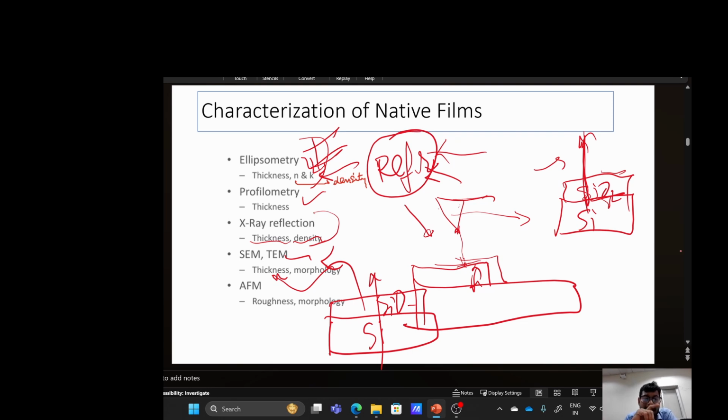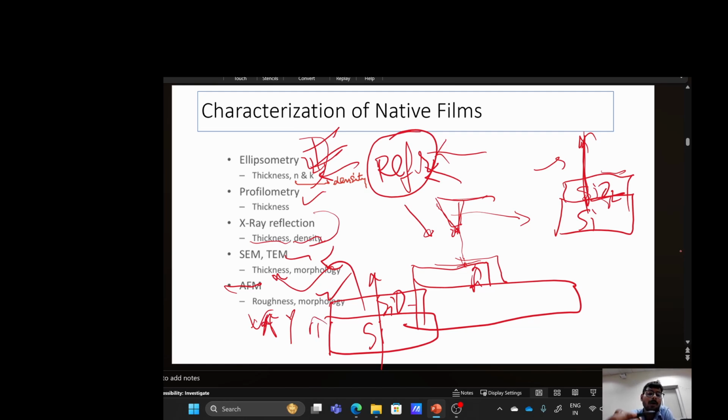In AFM also you can do two things. You can see roughness, and also surface topography and morphology, because this is a kind of mechanical process. It also uses a tip. This can be in contact mode or non-contact mode, and with the potential, it measures a kind of potential at the surface, and it gives you the morphology of the film, and also the roughness.